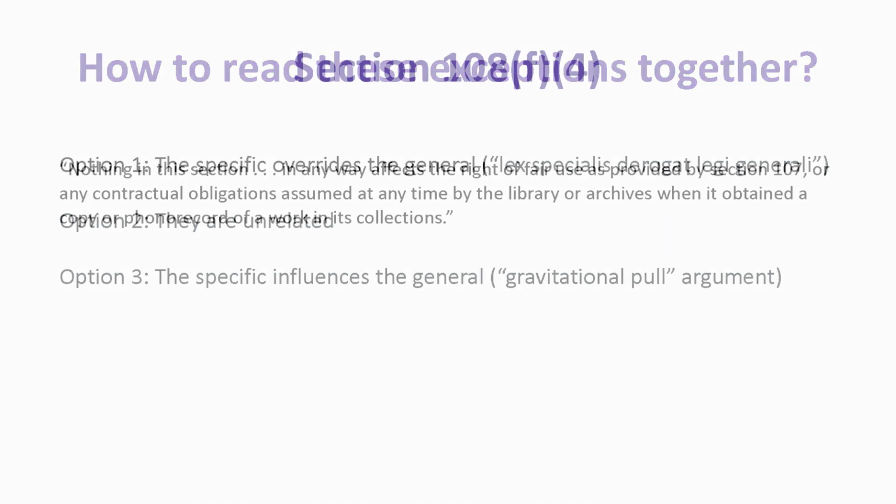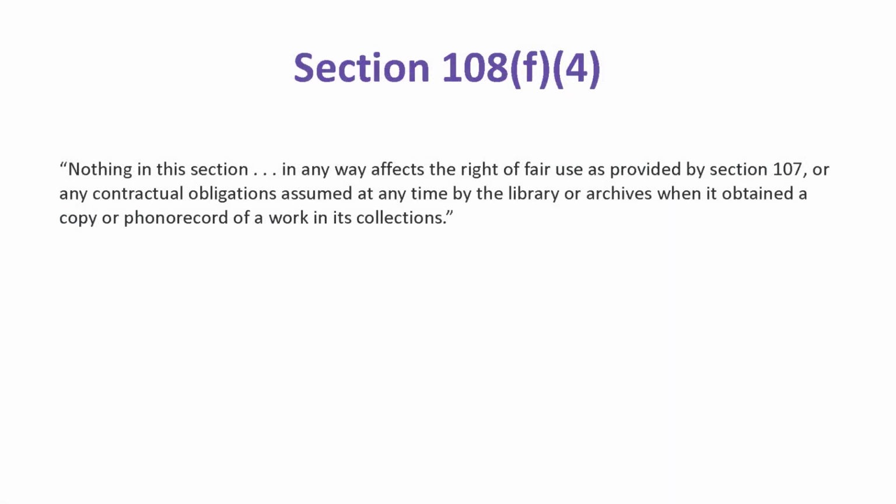So Section 108 has this really nice provision, actually, that gives us some guidance on how Section 108 library exceptions fit together with fair use. And it says that nothing in this section in any way affects the right of fair use as provided by Section 107, or contractual obligations. And so that gives us some hint, right?